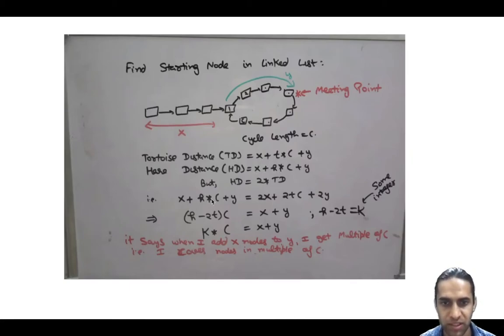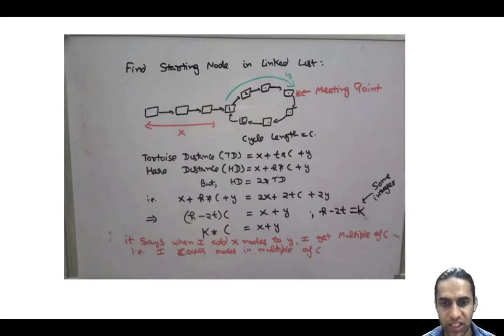So x plus hC plus y is this one, and if we solve this equation we get (h minus 2t) C is x plus y. Let's assume this is some constant k, some integer. So x plus y is k times C. It means the sum of x plus y is an integer multiple of the length of the cycle.